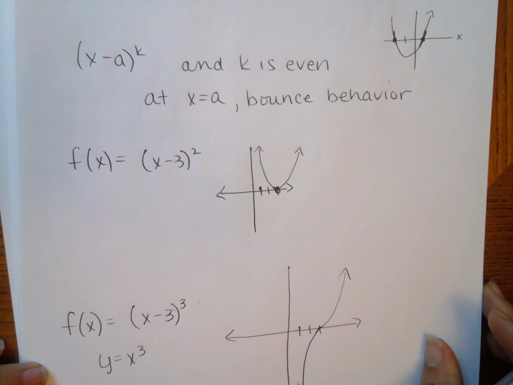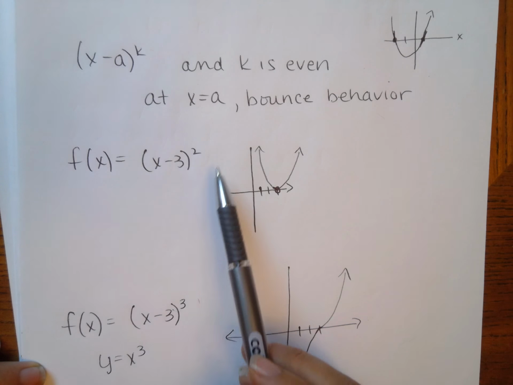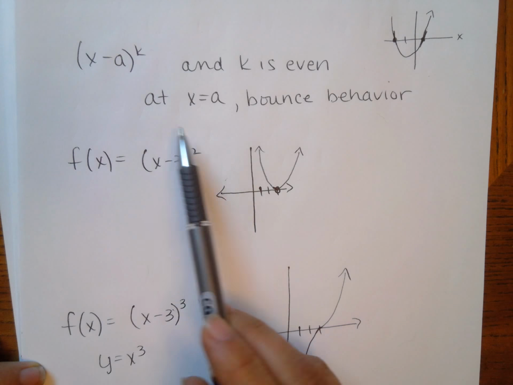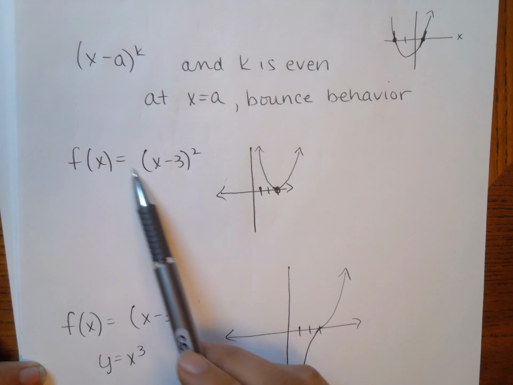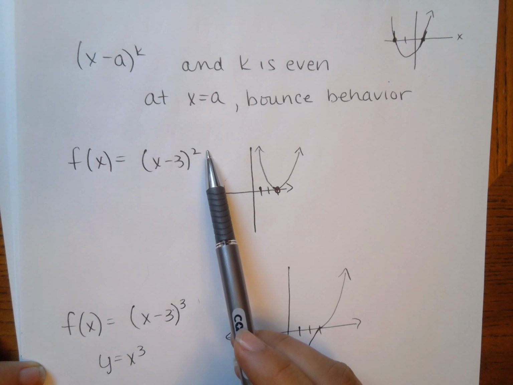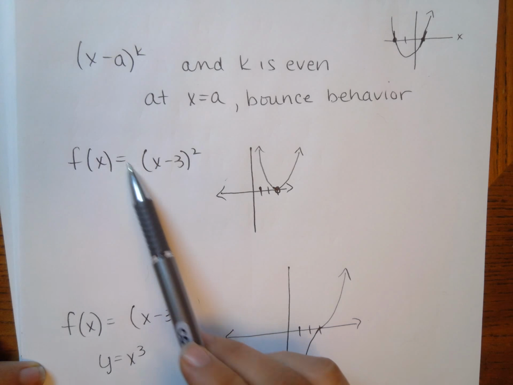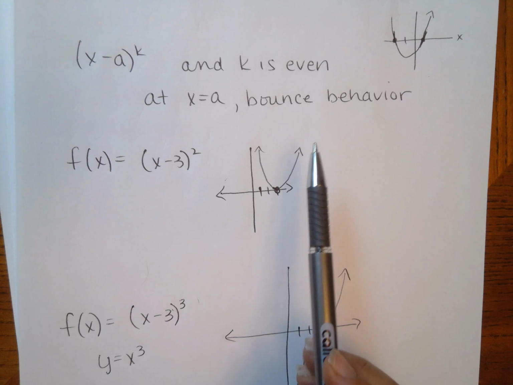We talk about this as multiplicity. Basically, it's the number of times that this factor is multiplied together. So when the multiplicity of this factor is even, meaning it's 2, the multiplicity of the factor x minus 2 is even, we get a bounce behavior.